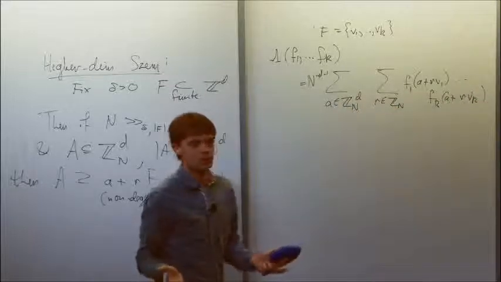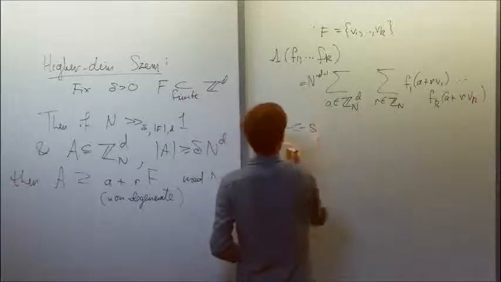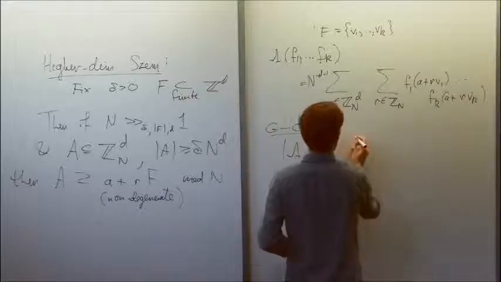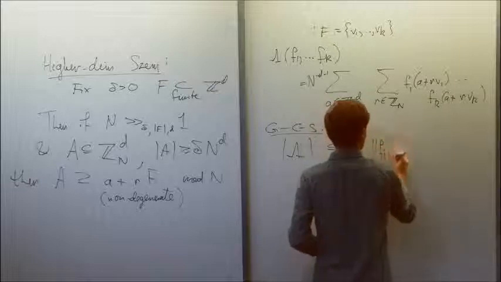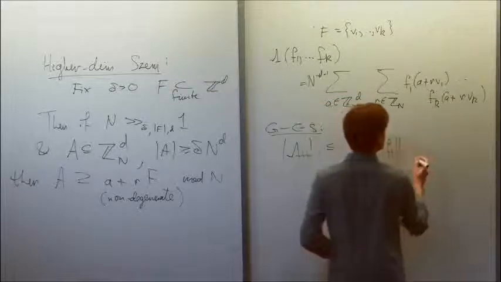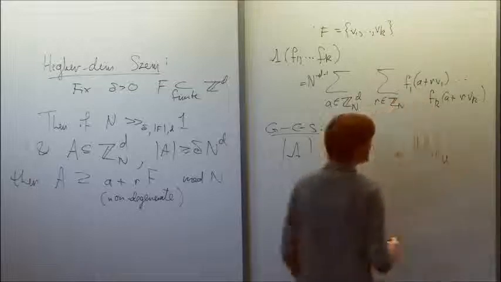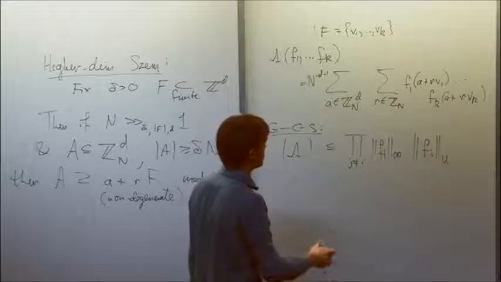Now you want an analog of Gowers's Cauchy-Schwarz inequality, and you get that too. It says that this value lambda is bounded by the product over the j's not equal to your chosen i of the L infinity norm times something like a uniformity norm, but now it's not the most simple analog in higher dimensions of the uniformity norm we had before.